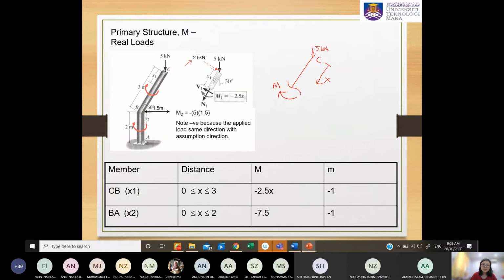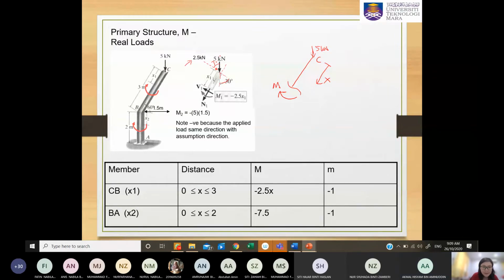Now you need to know the angles. You can see that this 30 is actually here. So 5 cos 30? It's not, it's sine 30.